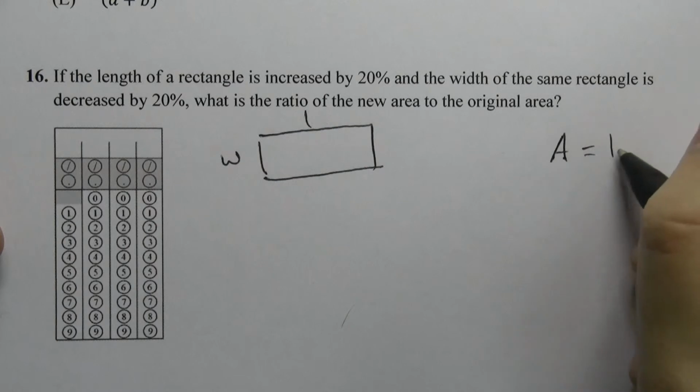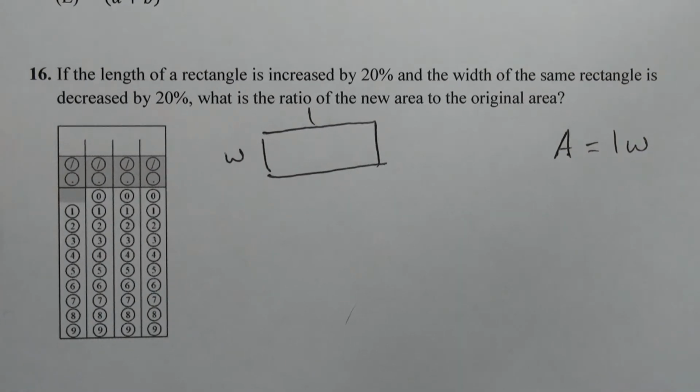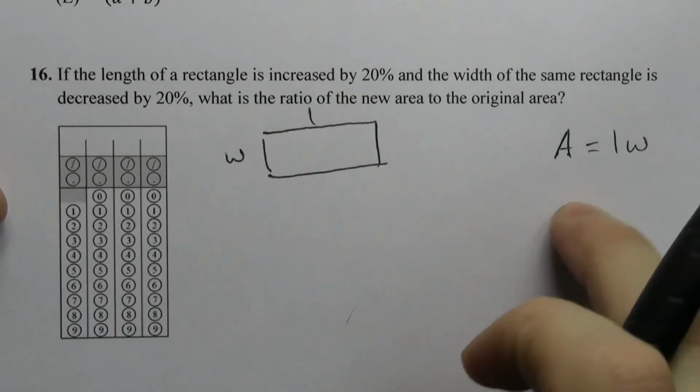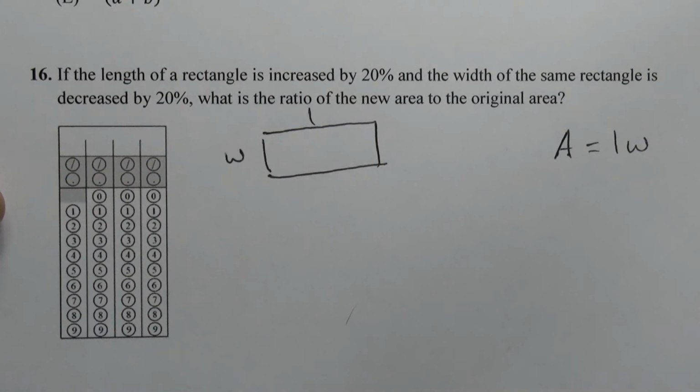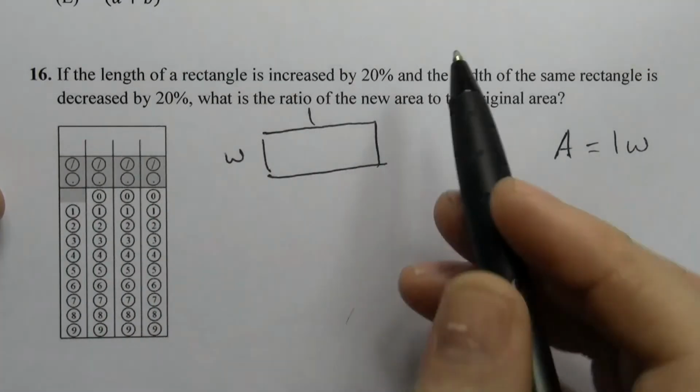So rectangle, fortunately, has a very straightforward relationship between length and width. Area is length times width, right? So the original rectangle has an area of A with a length and width, right? Now, how do we express algebraically something being increased by 20%? Well, let's start with the length, right? Because length is increased by 20%.